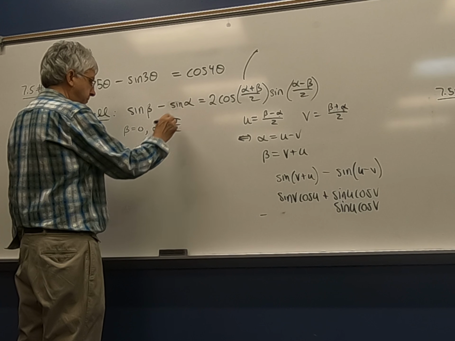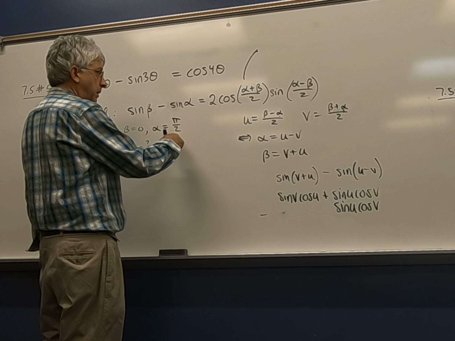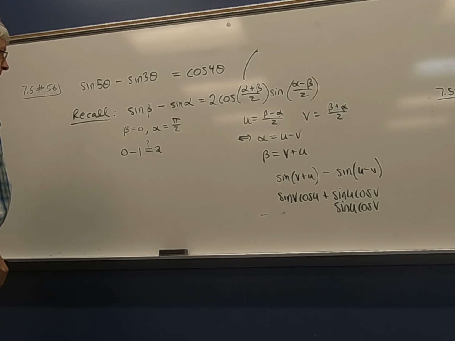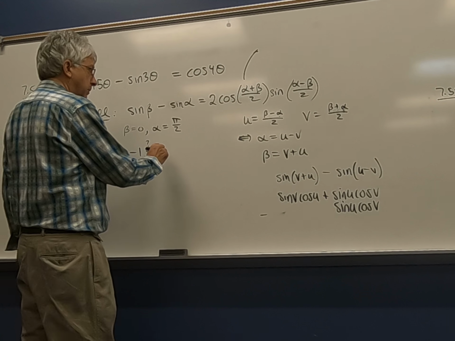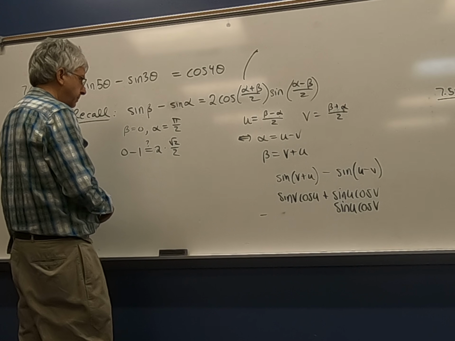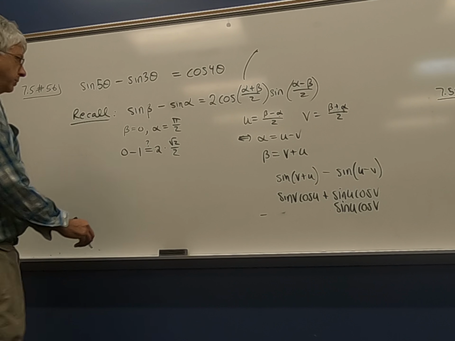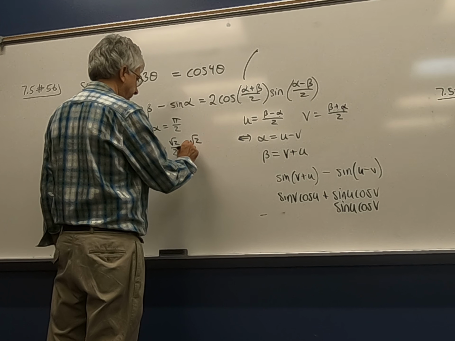Is that the same as twice cosine of, when I add these up and divide by 2, I'm going to get pi over 4, right? So cosine of pi over 4 is square root 2 over 2. When I subtract them, I'm going to get sine of pi over 4, which is square root of 2 over 2. Yeah, looks like I got it wrong, right?